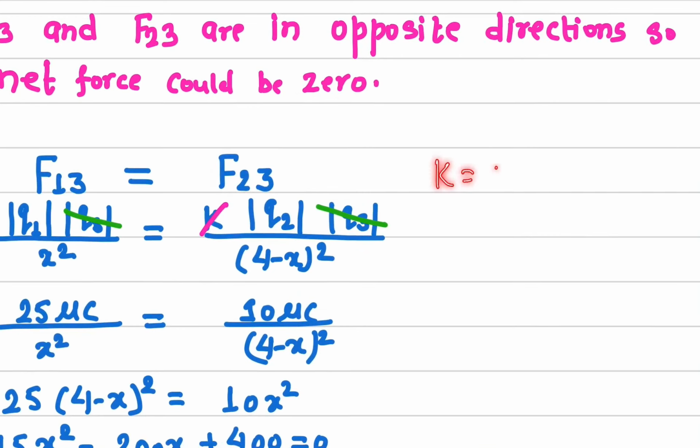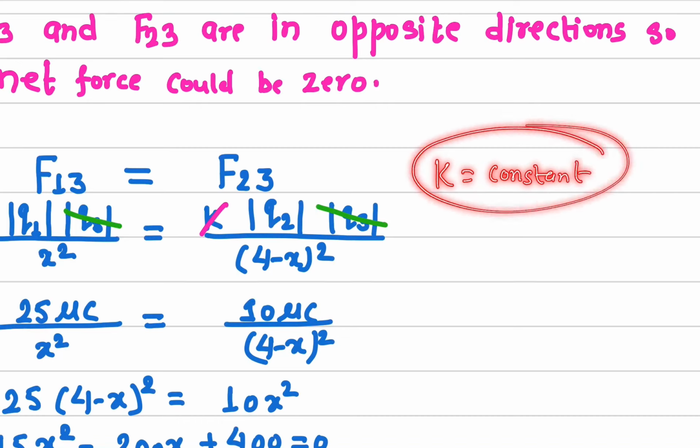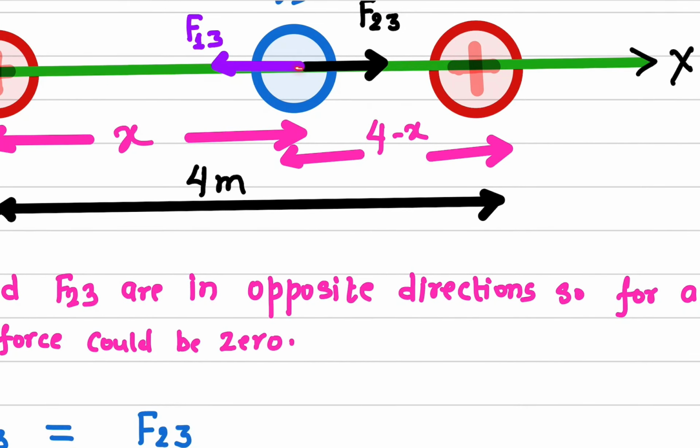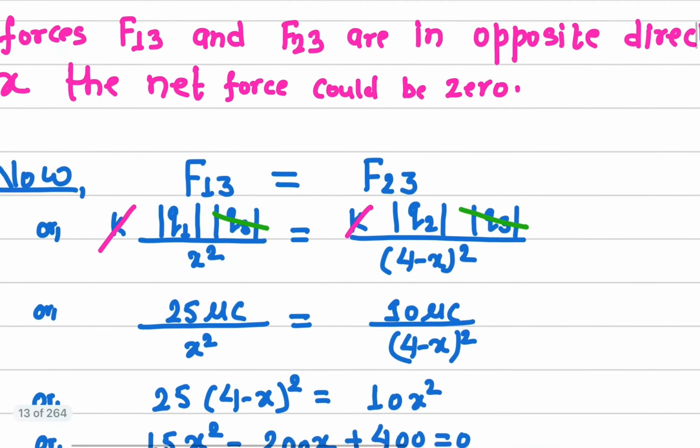K is a constant, and this constant involves the permittivity of free space, and we already talked about this one in other videos. And this force is now Q2 times Q3, the magnitudes of the charges, divided by the distance squared. The distance between these two is 4 minus x, so (4 minus x) squared.